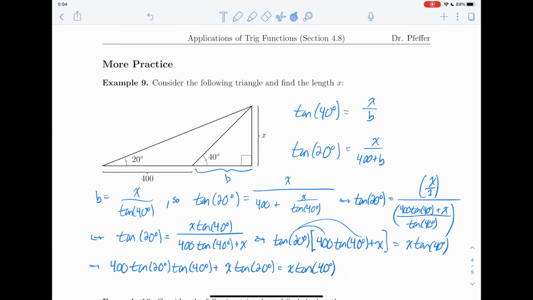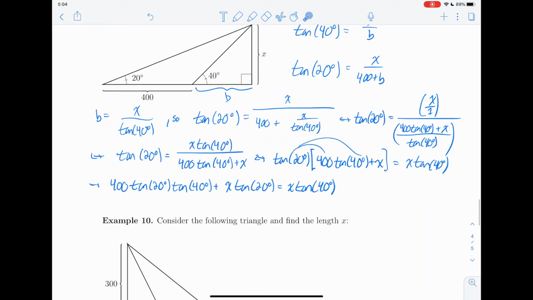And now we're literally almost done. Here we have just a number right here, and then we have a term with an x and a term with an x. So we've seen this technique used before. I'm going to move this x over to the right-hand side, factor out the x, and divide by what's left over.